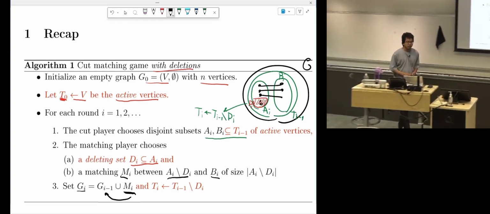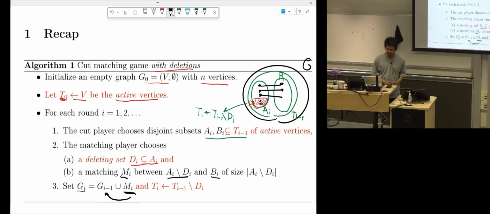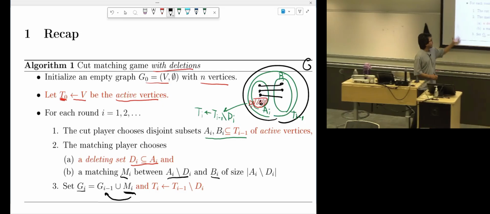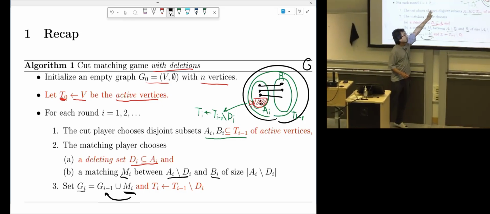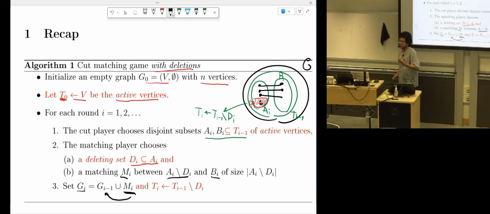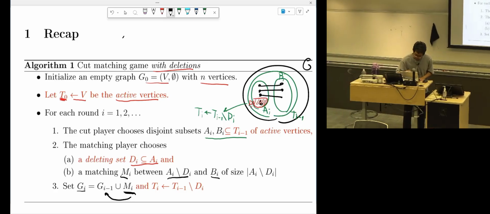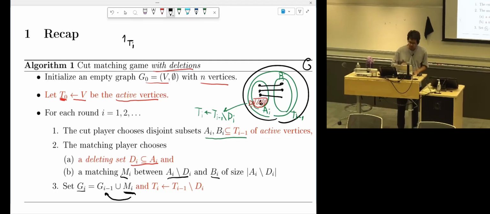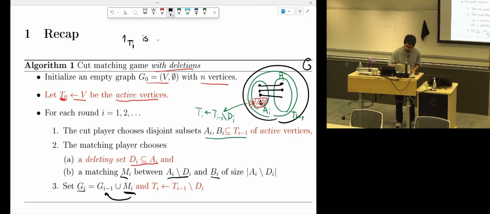So we said that at the end, after log square rounds, we guarantee that TI, the indicator of TI, is basically expanding in which graph? GI. Where I is something like log square.